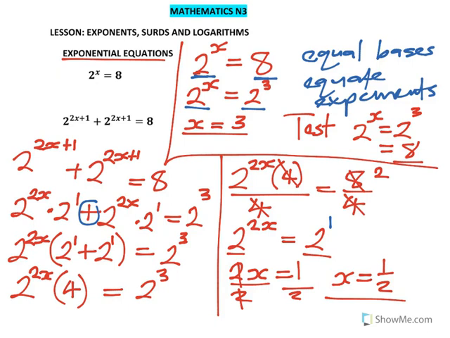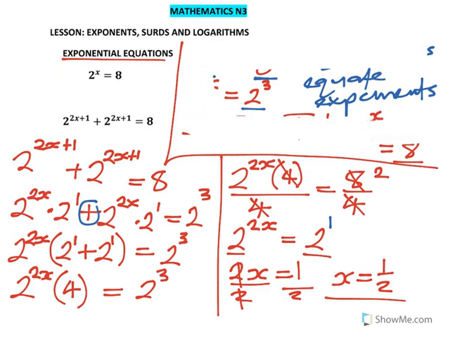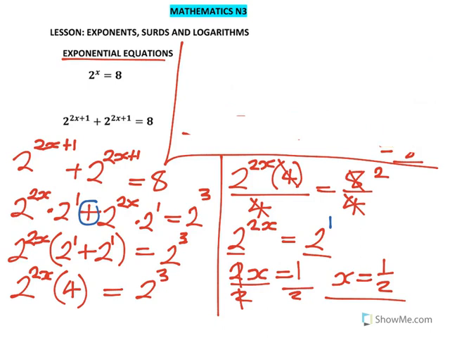In case you want to test it, let's erase this side. Should you want to give it a test, you can test it and check if it will give you the same answer. Now we had 2 to the exponent 2x plus 1 plus 2 to the exponent of 2x plus 1 is equal to 8.